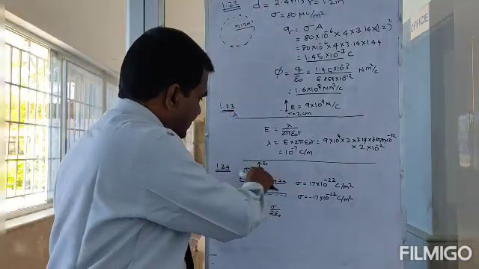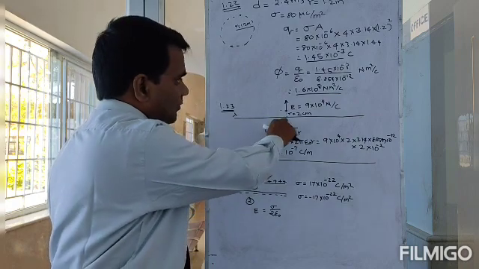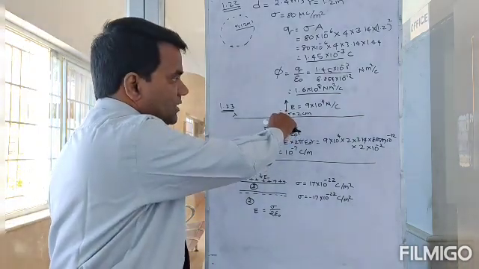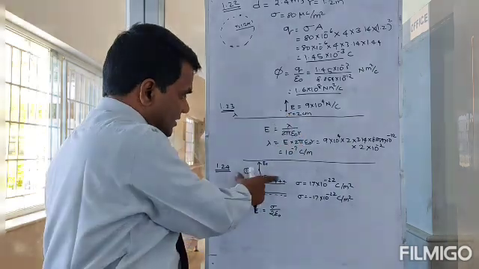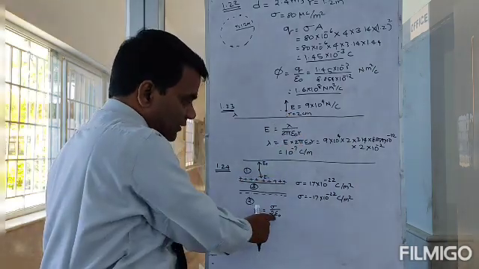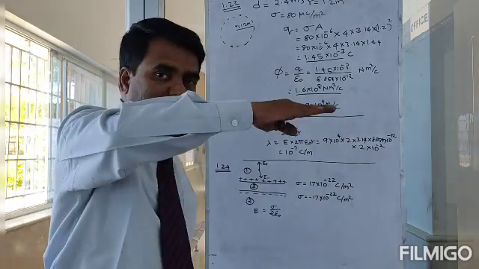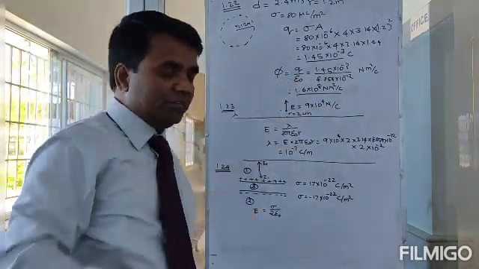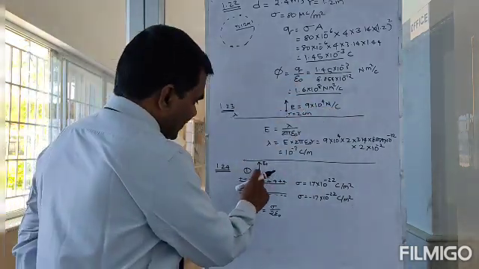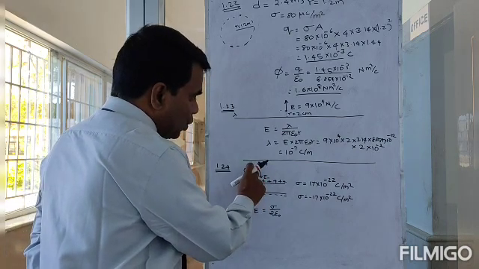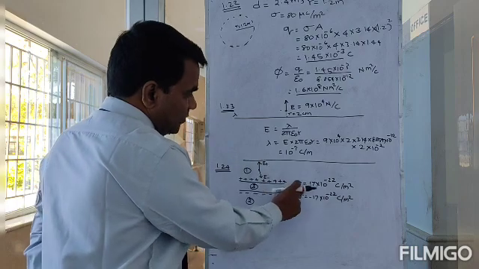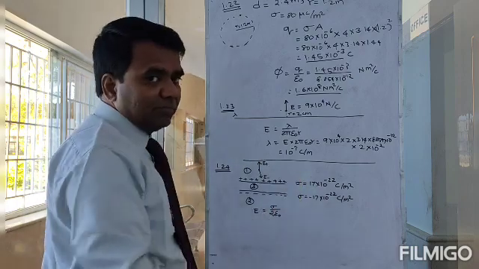For a line charge, with linear charge density, you will have an R here. But for surface charge density, you won't have an R there. So it will be the same at every point from the surface. So E due to this plate and E due to this plate will be the same here because the surface charge densities are the same.